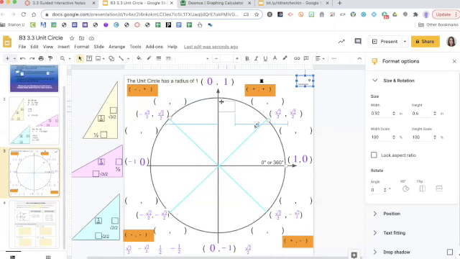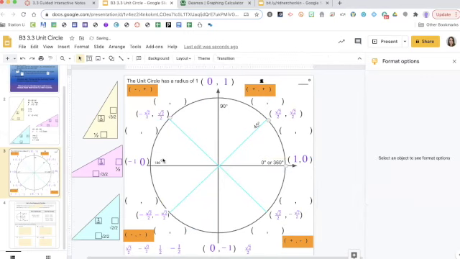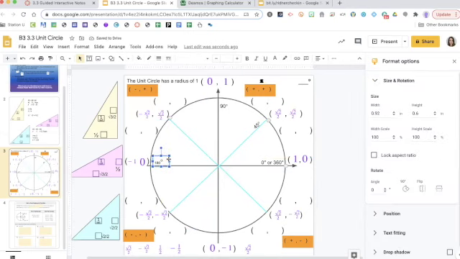Another easy one, where am I at if I'm up here? I'm at 90. Where am I at here? 180. Where am I at here? I am at, anyone?